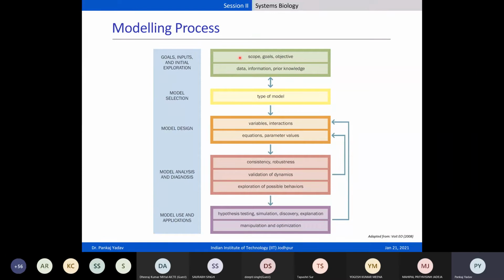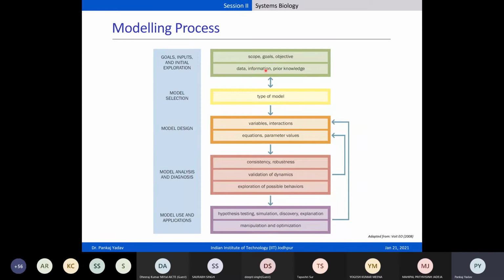We can have, for example, under the goals and inputs, we will define the scope, what the objectives are, why we want to do the modeling, basically defining our real-life problem, right?